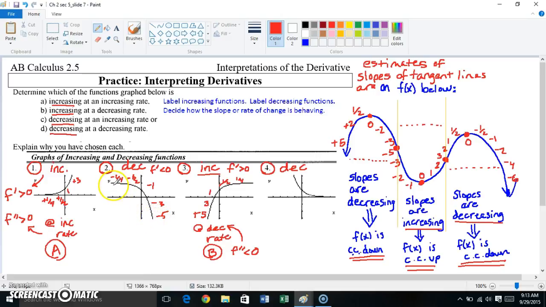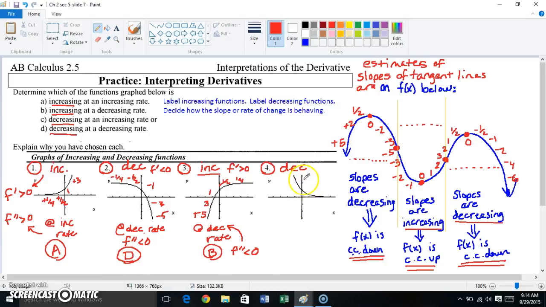So we're really decreasing at a decreasing rate. So negative 1/4 to negative 5, those are decreasing. All right, so that part means f double prime is less than 0. So our graph is concave down. Okay, and so decreasing at a decreasing rate, that is D.